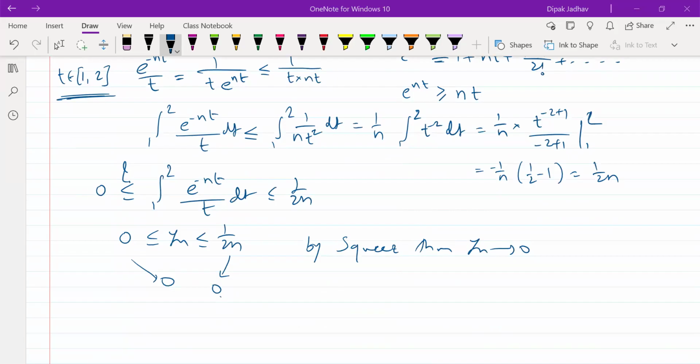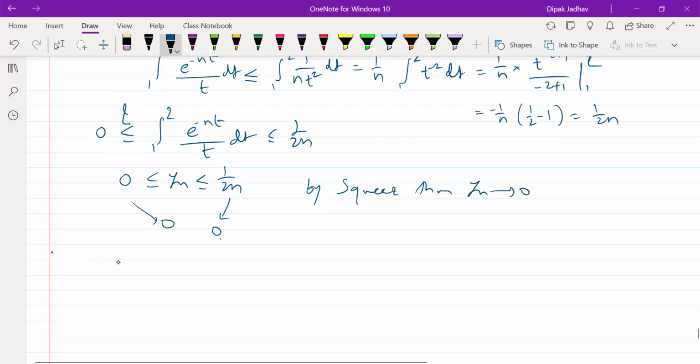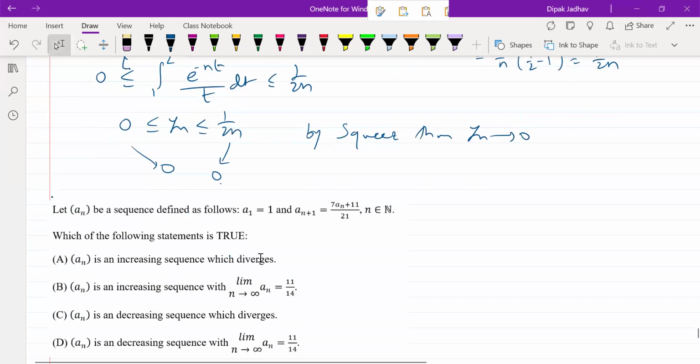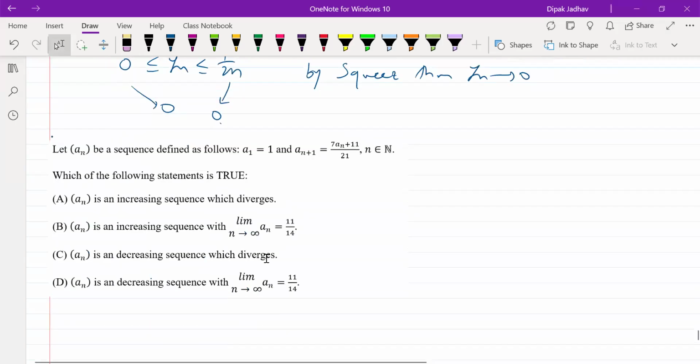Now let us have a different variety of problem. Let a_n be a sequence defined as follows: a_1 is 1, a_(n+1) is (7a_n + 11)/21.